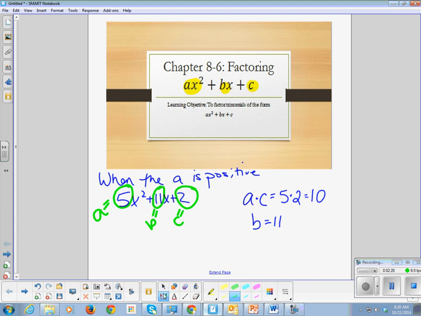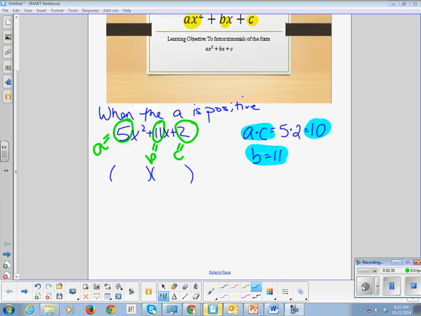As you guys notice, if you take notes with me, we use a lot of highlighting. So make sure that you have your highlighters ready because I love highlighting. All right, so we're going to look at 2 numbers that multiply to give us 10 and add to give us 11. So let's look at factors of 10 first, and then we'll look at their sum.